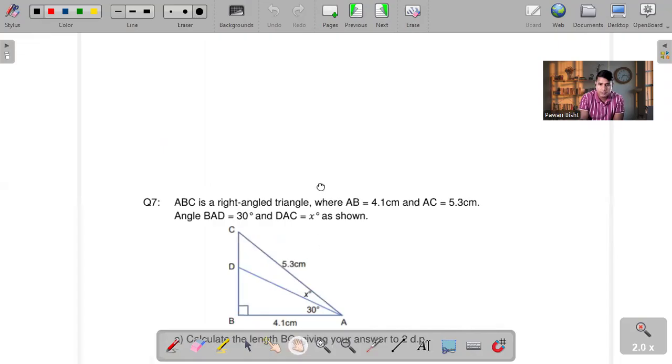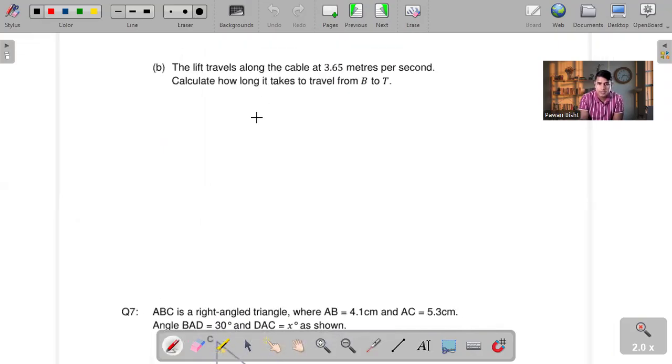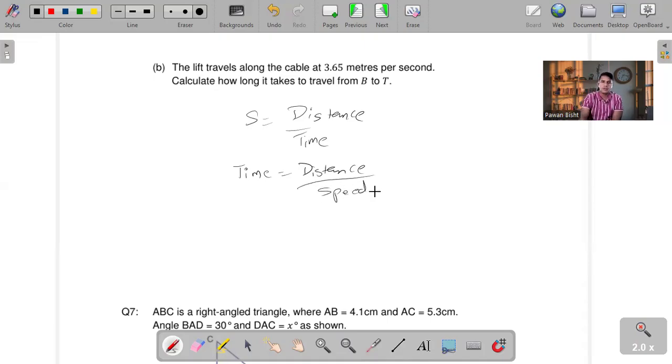The formula of speed, as we all know, is distance over time. So if you have to find the time, the formula is distance upon speed.